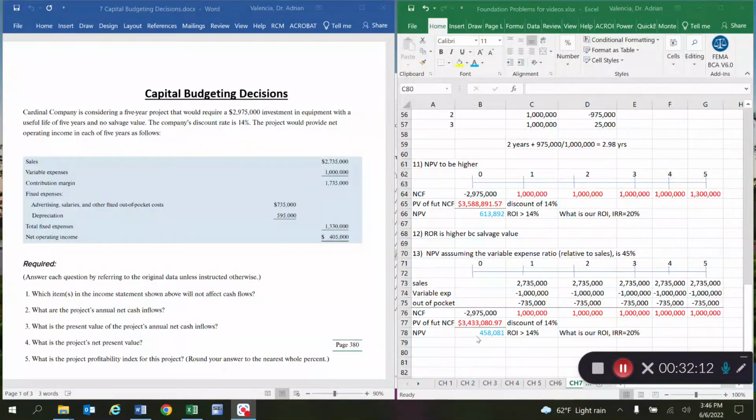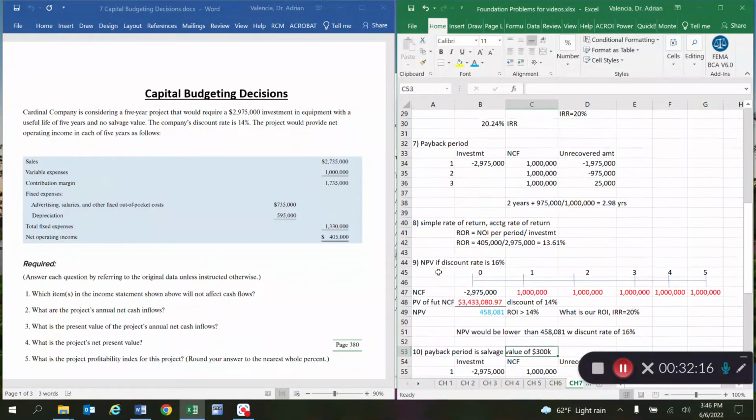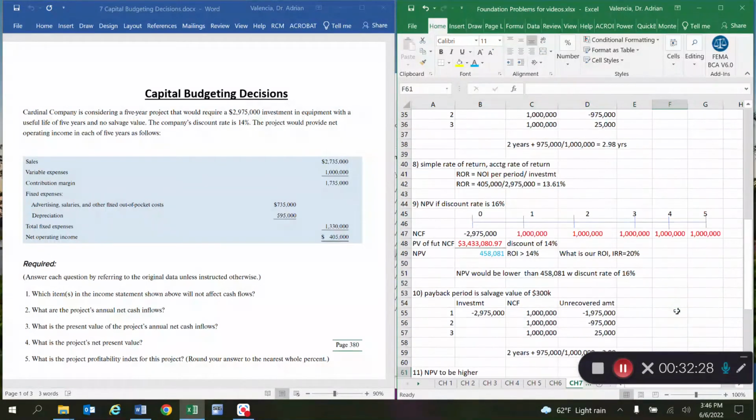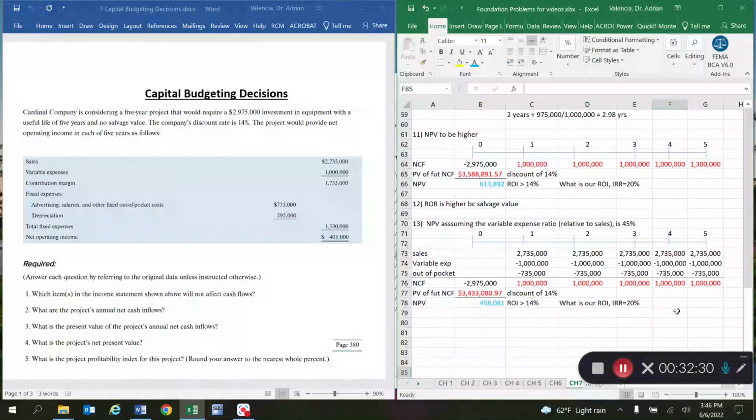Okay, so here I just brought back the information that we had from before. Recall that when we did the NPV analysis, our net cash flow was negative 2.9 at the beginning and then 1 million after that at the end of each of the 5 years. So I recreated that same thing over here, except I put in the details of what we were given. So sales we were given were 2.735. Variable expenses we were told were $1 million.